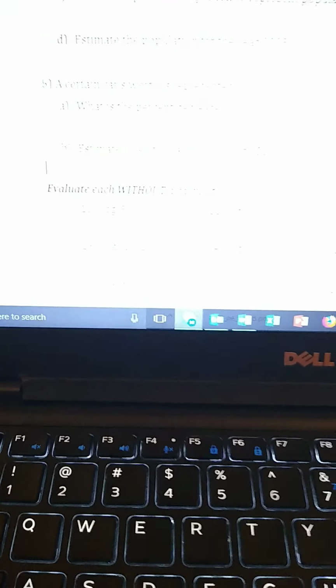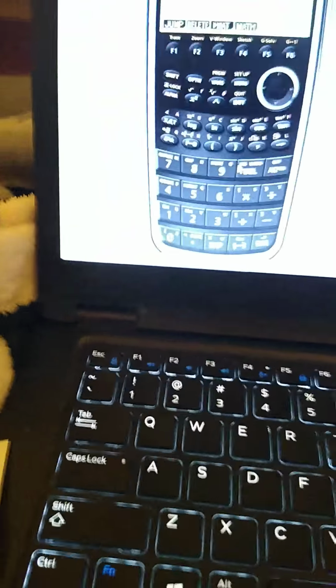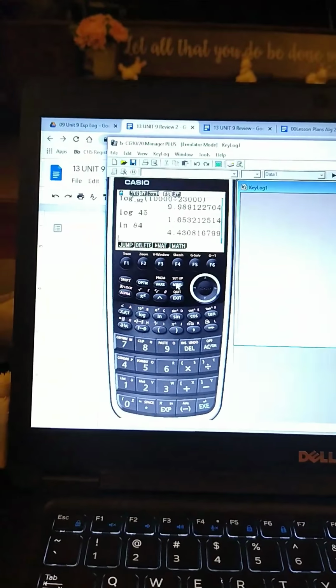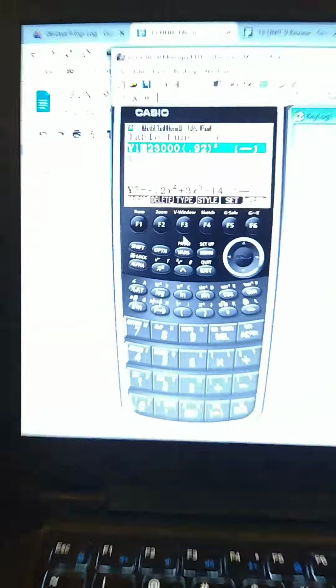So on the calculator, we're going to take a look at the table app, and I have the function in there already.